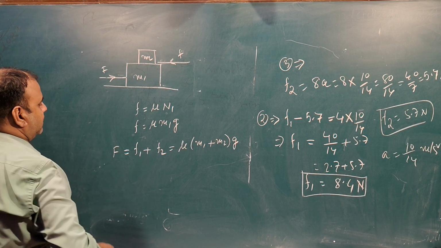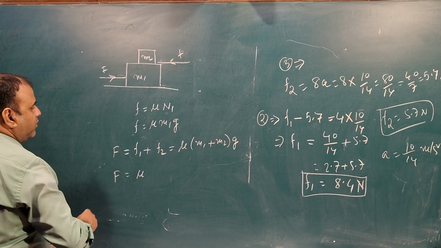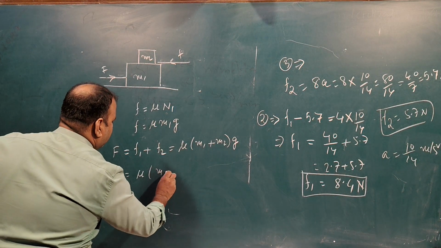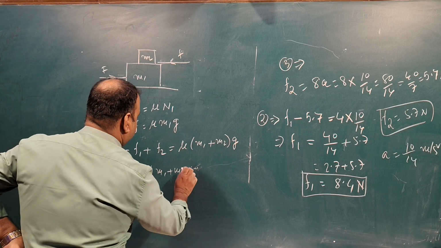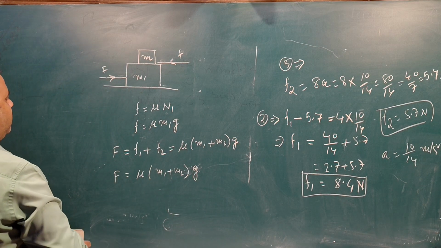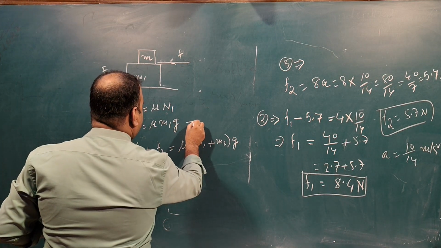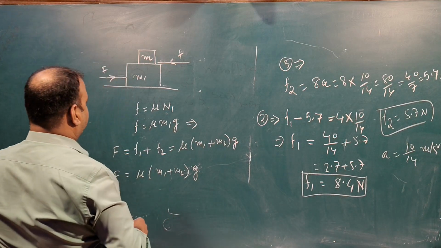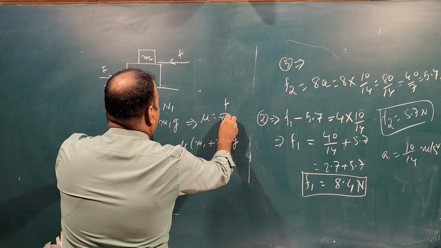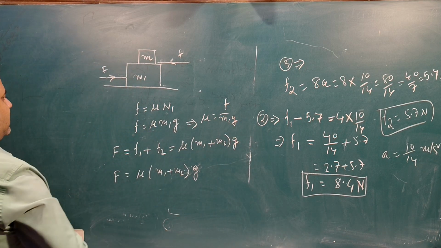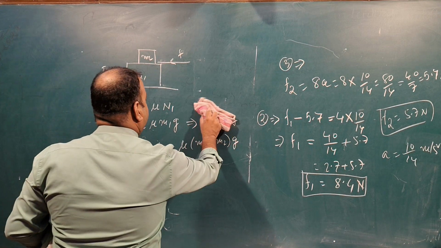So this is the total force. That is why you remember F is equal to mu (M1 plus M2) into g. From here we can write the value of mu: mu is equal to F by M1 g. So we can put it like this, otherwise we can keep it this way also.